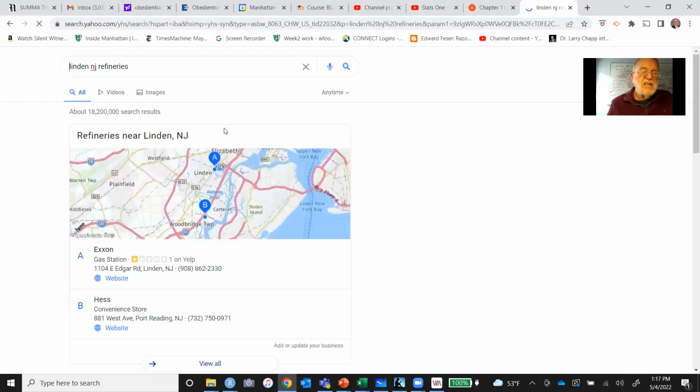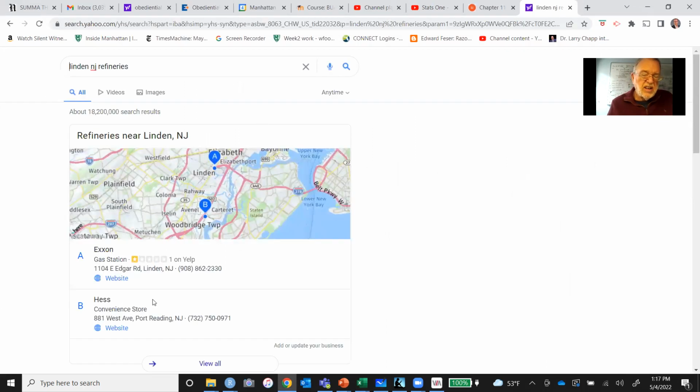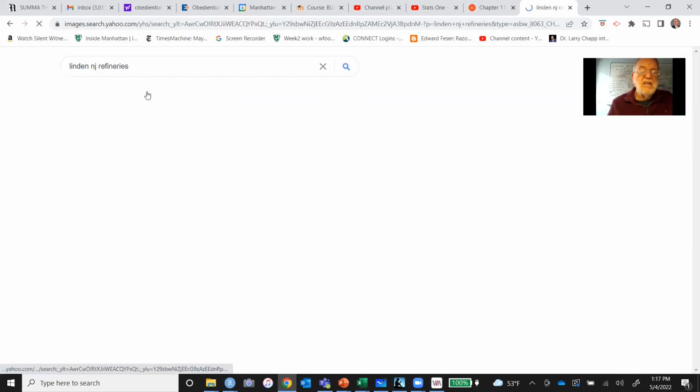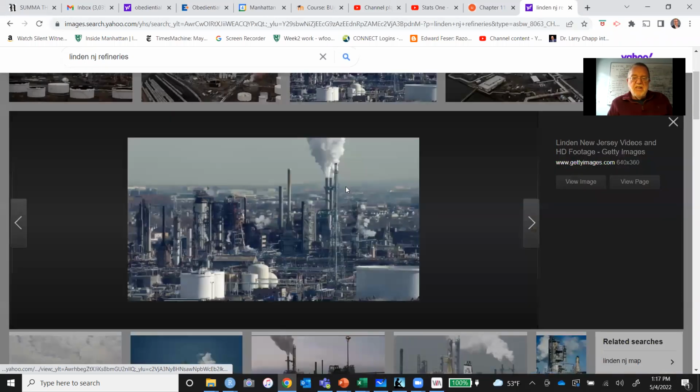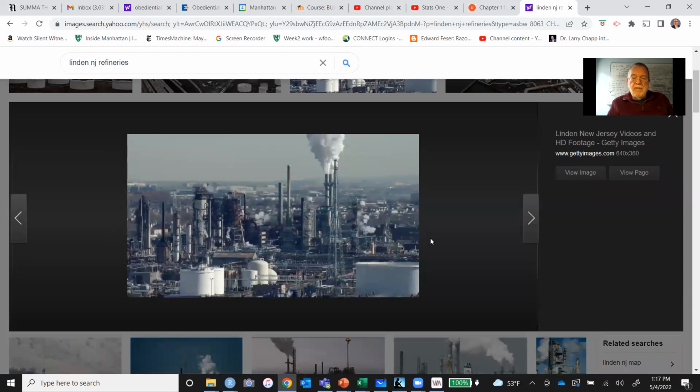Refineries. Oh, they got an Exxon and Hess. Those are the two big ones. Right off the highway. There's a refinery. Here's a refinery. CO2 going up there. Typically, that's CO2. Tank farms in the back. It's just an awful lot.